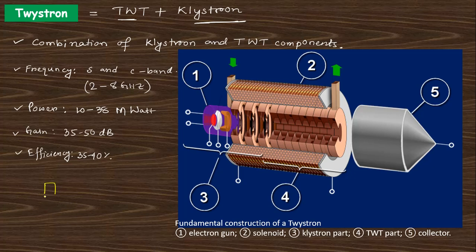Using the klystron, you first amplify the RF power in, and this is RF power out, amplified. After that, if you take the TWT, this will be enhanced much more. So this is a combination of these two, used as a broadband amplifier circuit.